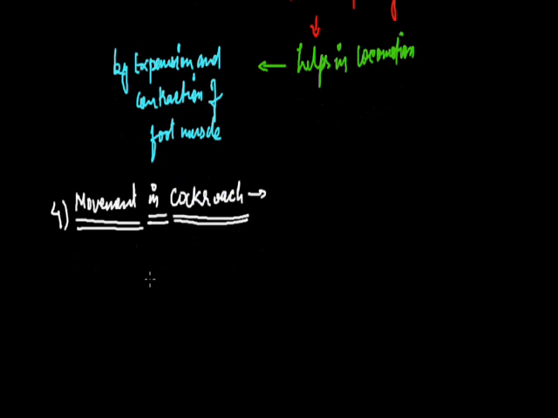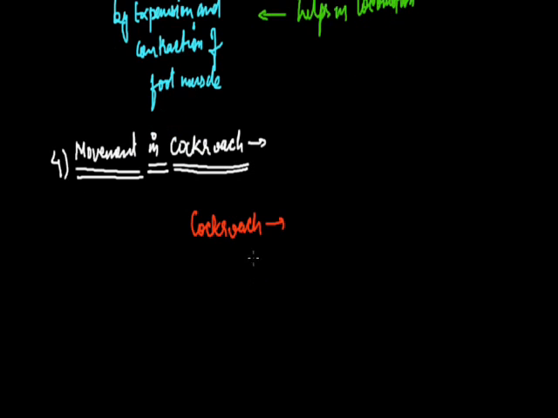It belongs to phylum Arthropoda, and cockroach is commonly known as an insect, and a characteristic of phylum Arthropoda is jointed appendages. So in cockroach also jointed appendages are present, and jointed appendages help in movement of cockroach.